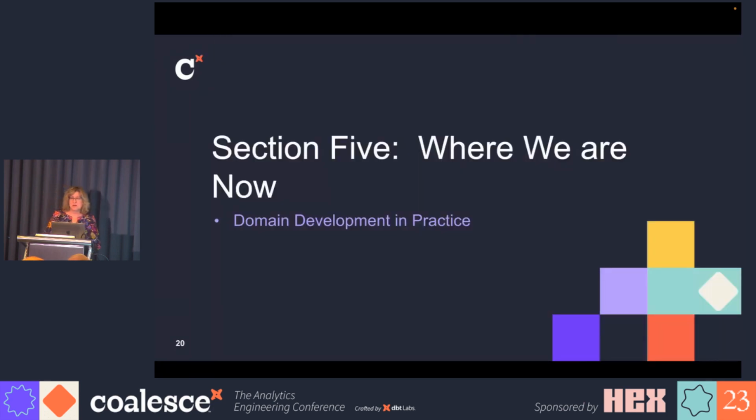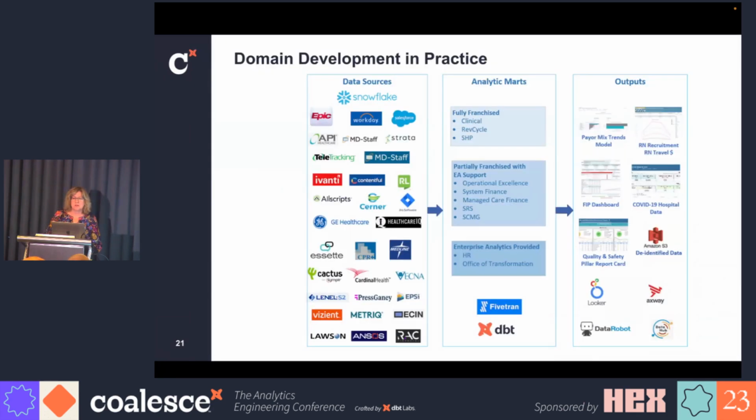I want to talk a little bit about where we are now with domain development in practice. On the left you can see all the different kinds of data sources that we're bringing onto our Snowflake platform. There's a lot, and these are secured and made available to the different domain teams depending on what the data is and whether it's needed for their particular role in the organization.